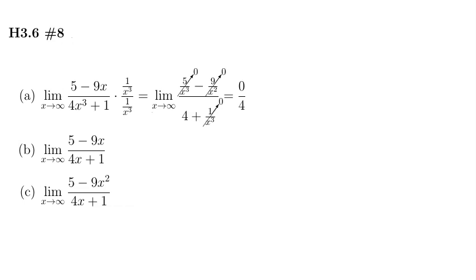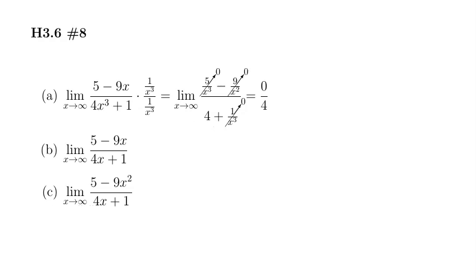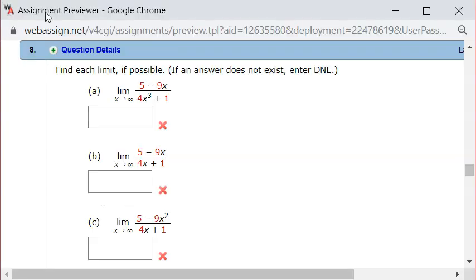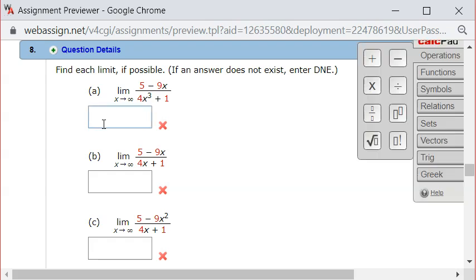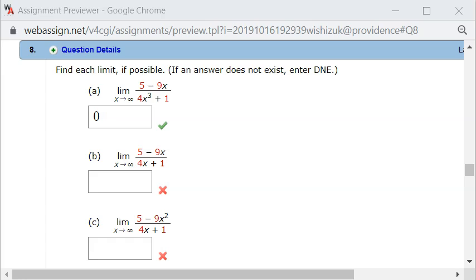But that's a long way of saying 0. So for part A, the limit is 0. Let's type it in. The answer is going to be 0. Let's check the answer here. I came back and it looks like we got part A correct.